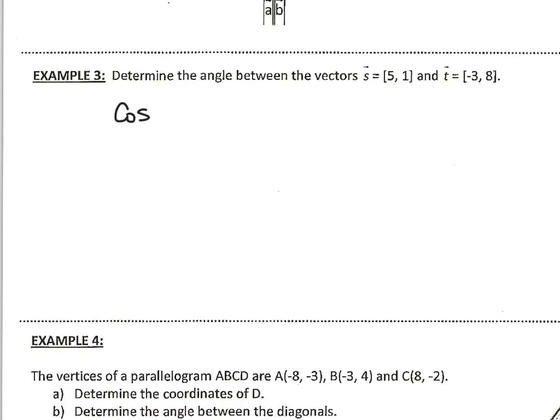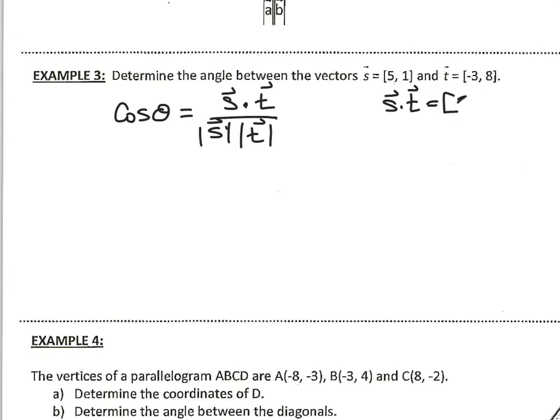Okay, so cos of theta is going to equal s dotted with t over the magnitude of s times the magnitude of t. And remember, s dotted with t, when we have the components this way, is (5, 1) dotted with (-3, 8).